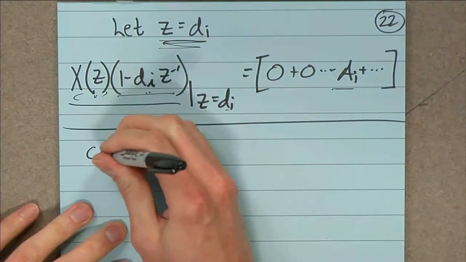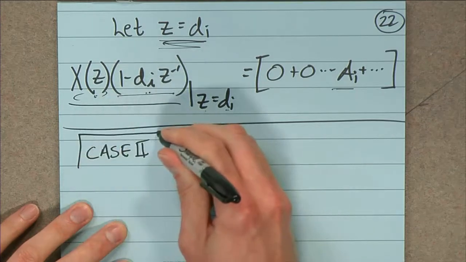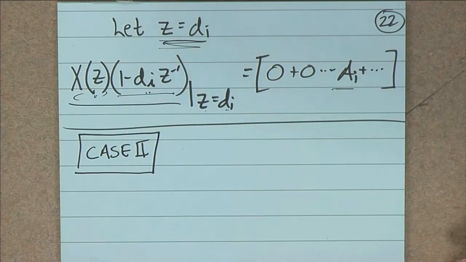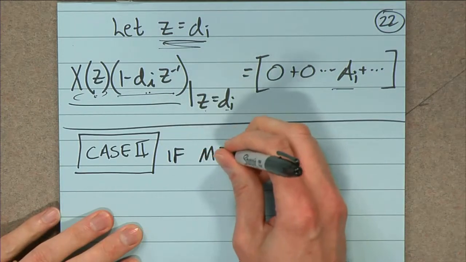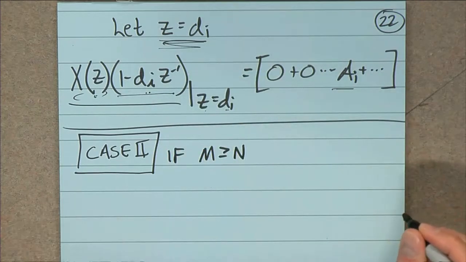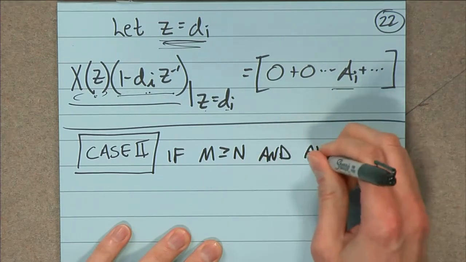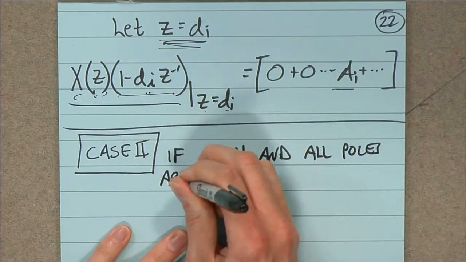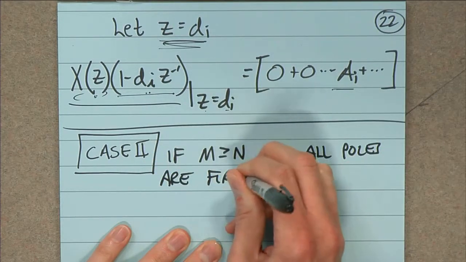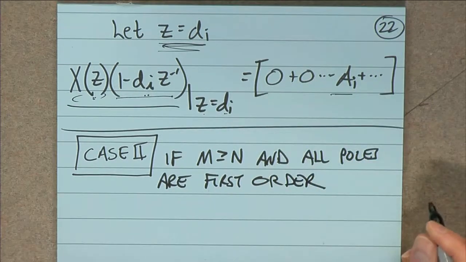Now, here's case 2, which is very similar. This applies if m is greater than n, and all poles are first order. Looks very much like the other one.